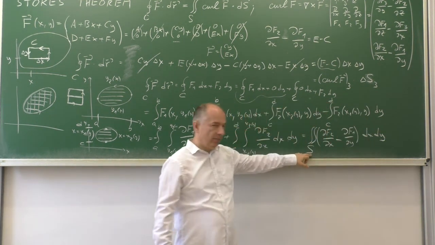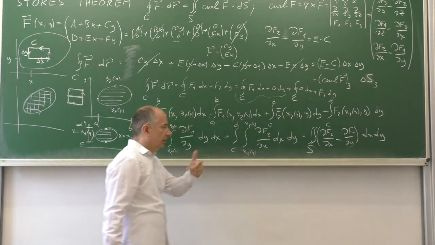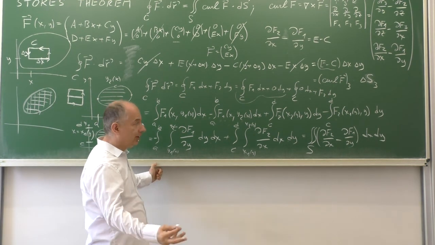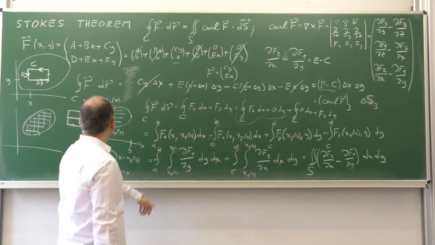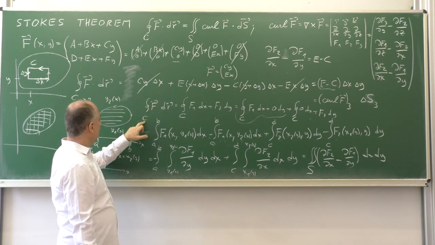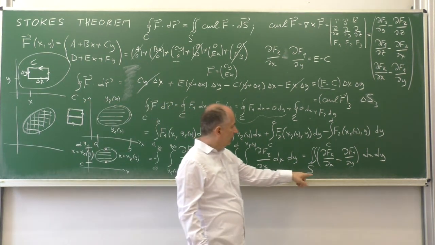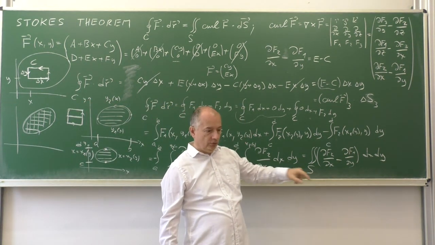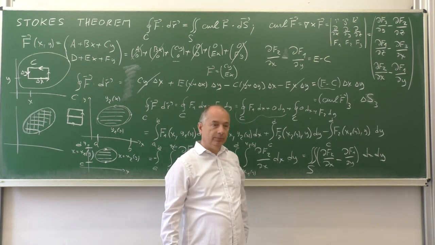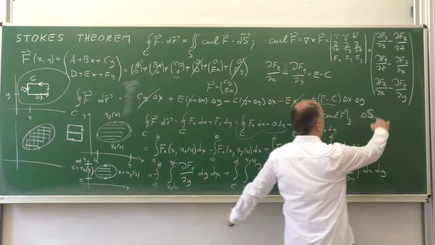And when we write the name of the integration domain, capital S, then dx dy, the order is not important. And that's exactly what we wanted to show. You see, the line integral of the vector field f over a closed curve C, this loop, is equal to the double integral over the area for which the loop is the boundary. And this is the third component of the curl, you see?